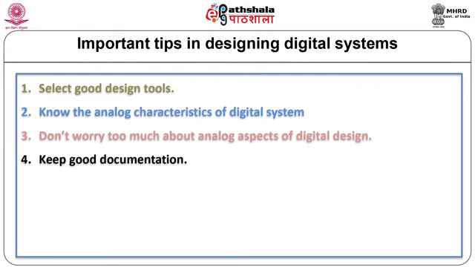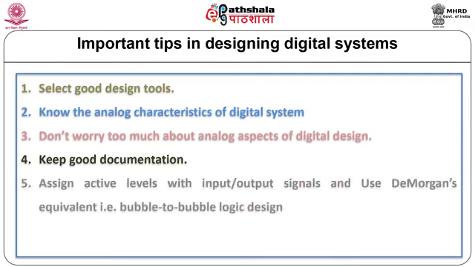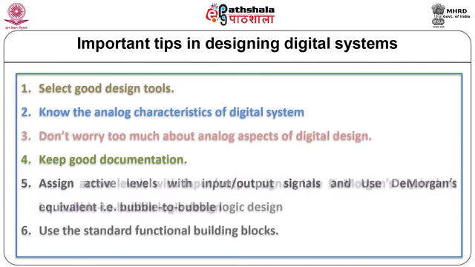Always document your design to make it understandable by yourself and others. Thus, keep good documentation. Associate active levels with signal names and practice bubble to bubble logic design. In short, use De Morgan's equivalent whenever necessary.